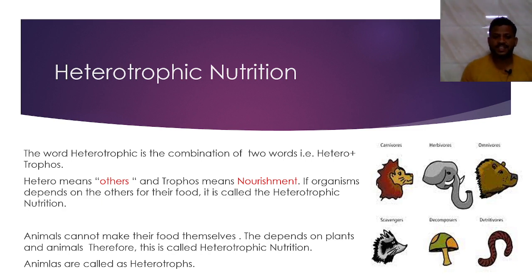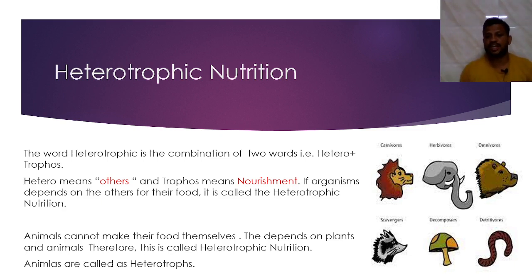If an organism depends on others for its food, it is called heterotrophic nutrition. It means animals which depend upon other animals or on plants for their food have heterotrophic nutrition. For example, human beings, dogs, cats, deer, bears, lion, tiger.